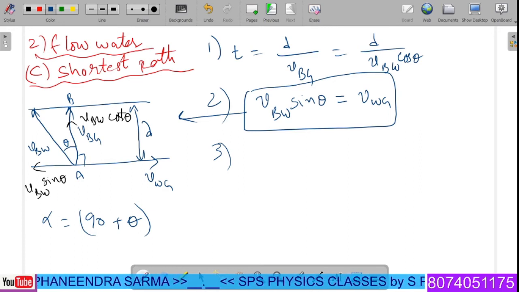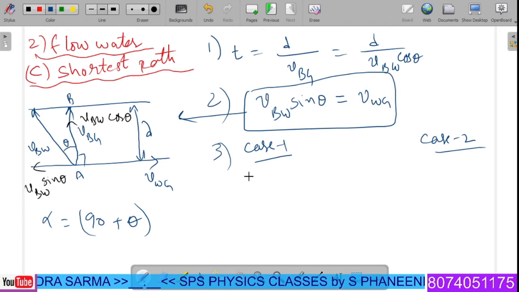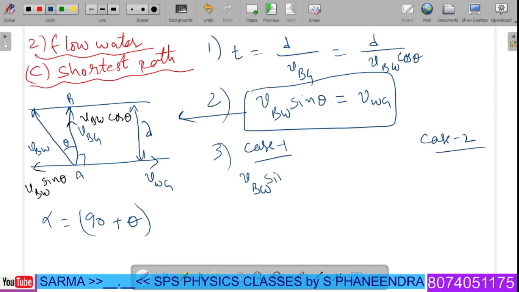Let us see. What's the value of drift in this case? Suppose from here onwards, again a special case will come. Case 1, this is case 2. In case 1, let us imagine that the velocity of boat relative to water, sine theta component, is less compared to the velocity of water.